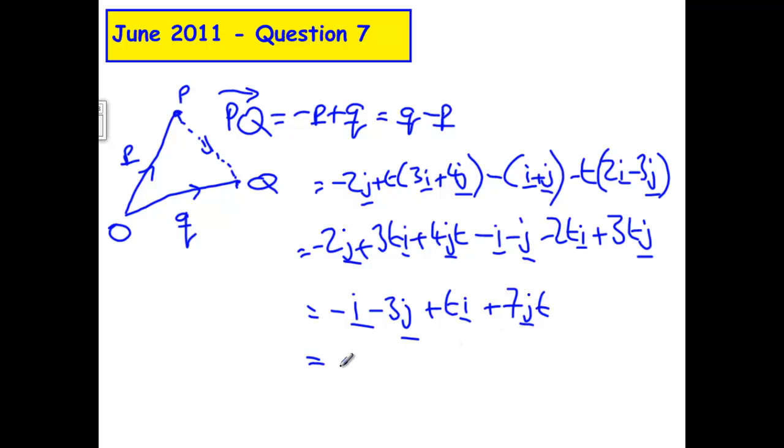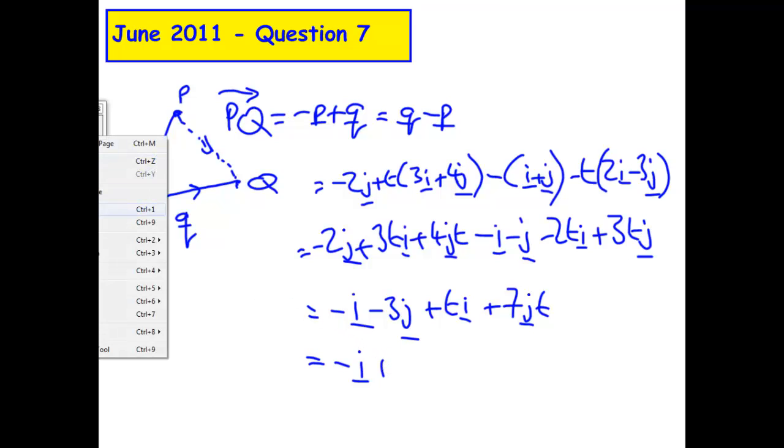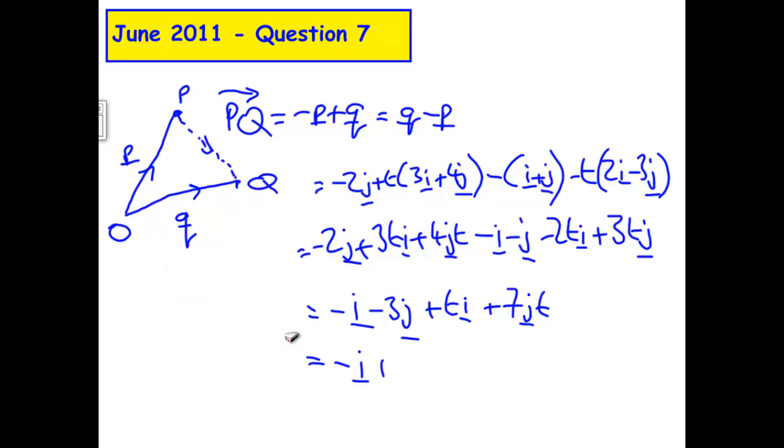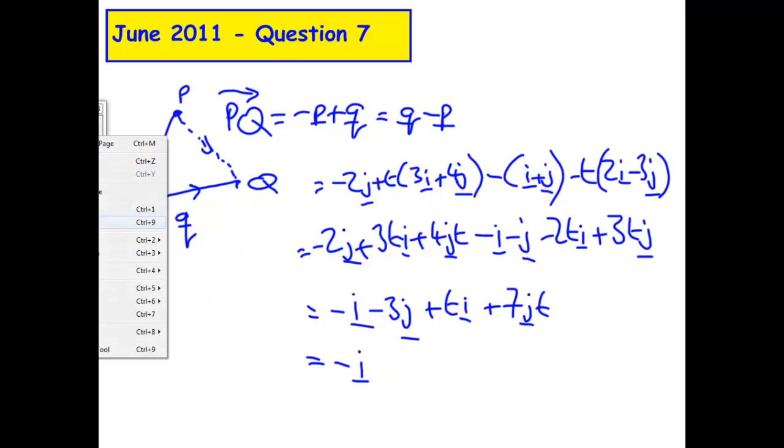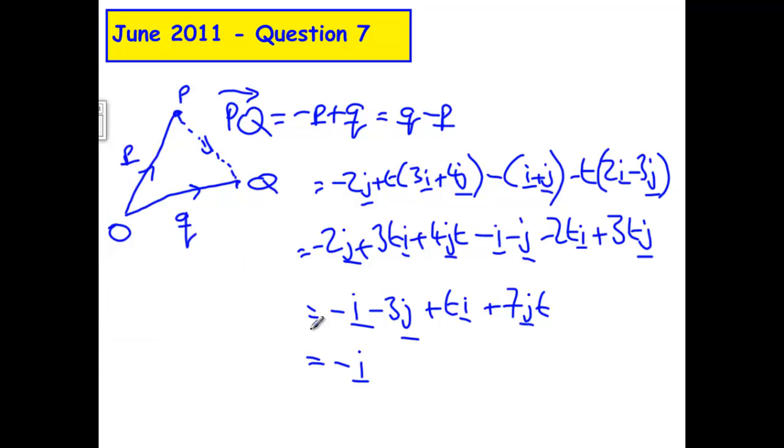And if I was to factorise that, that would give me minus i, minus 3j plus t times i plus 7j. And that there is my general expression involving t for the vector p to q.